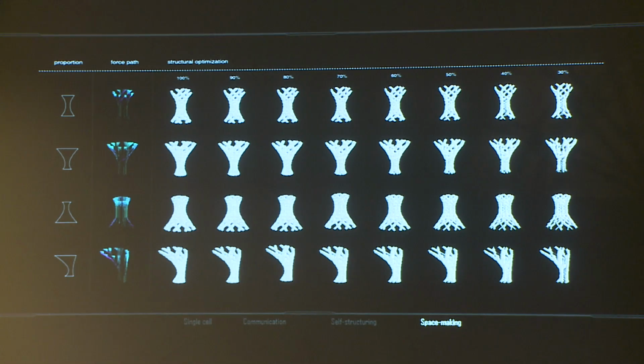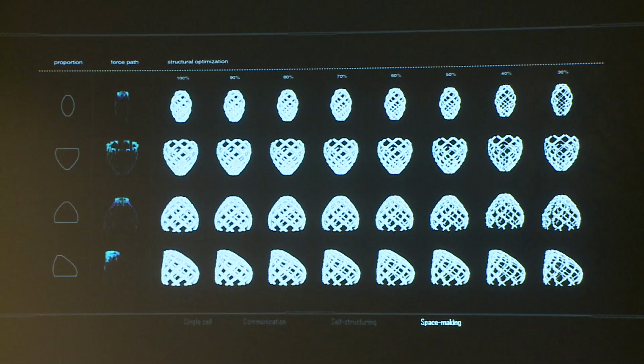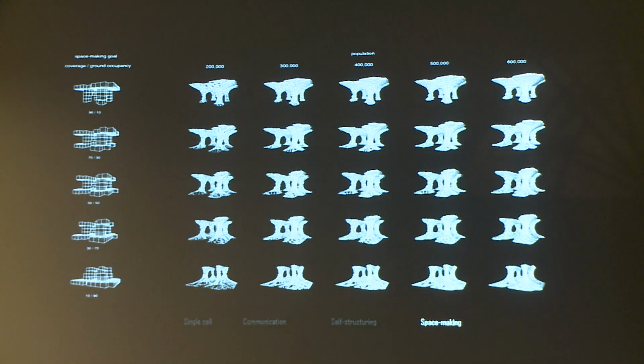More complex, different kinds of structures can be created if the cells decide not only to grow vertically, but also horizontally. This catalog shows the different possibilities. And energy and structure are not the only criteria of the system.